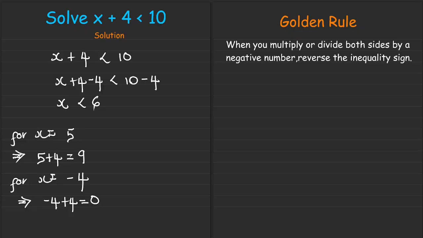So to test out this rule, let's solve for negative 2x is greater than 6. Negative 2x is greater than 6. So we have negative 2x being greater than 6.